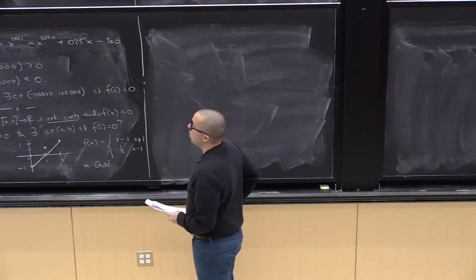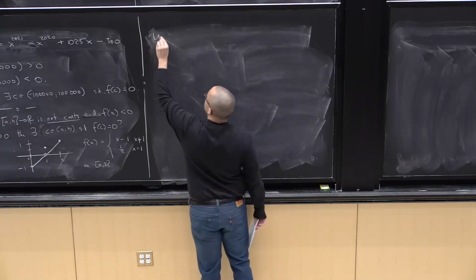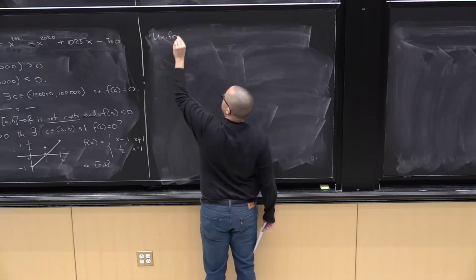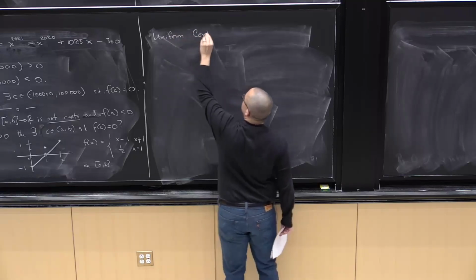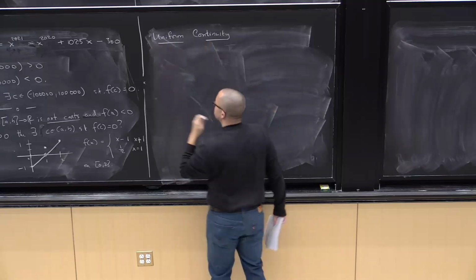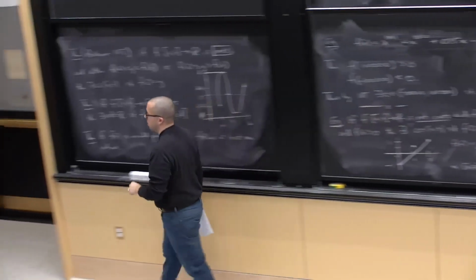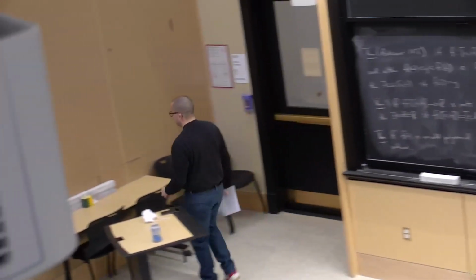Okay, so now we're going to move on to a new concept called uniform continuity. And before I do this, I'm going to bring up, or I'm going to rewrite the definition of continuity.